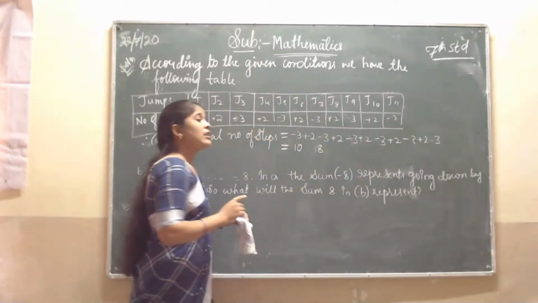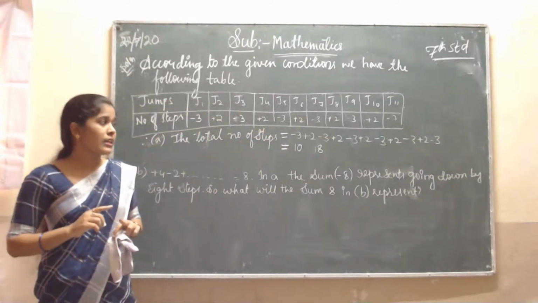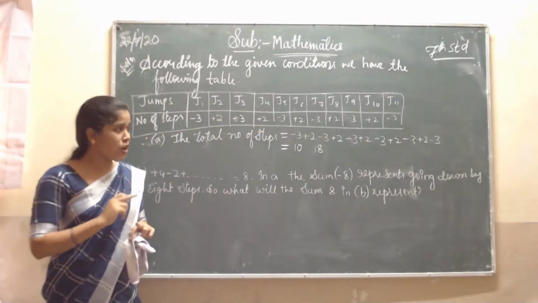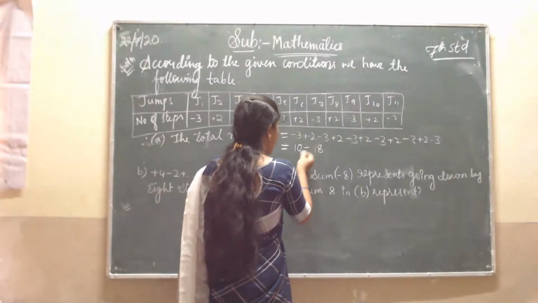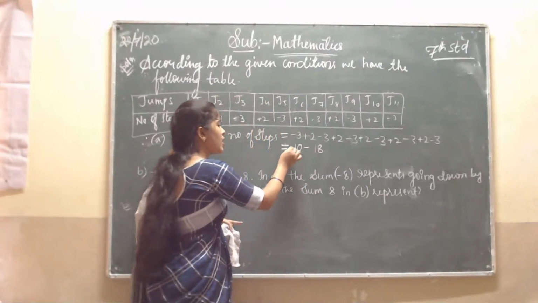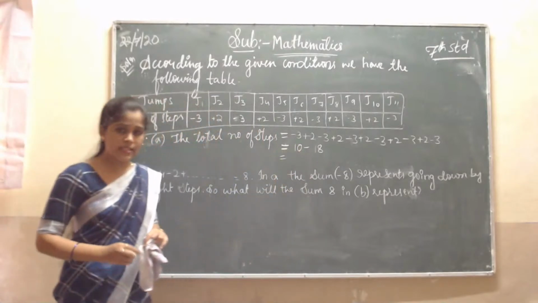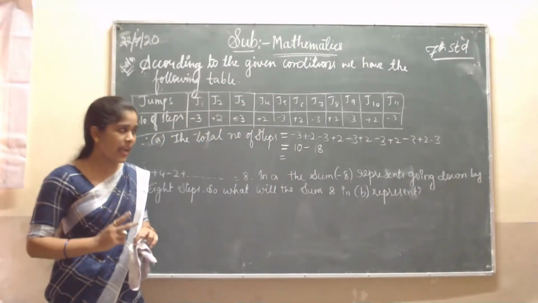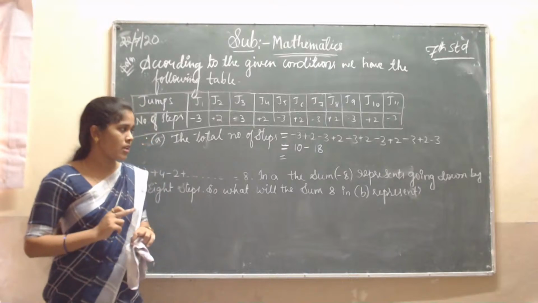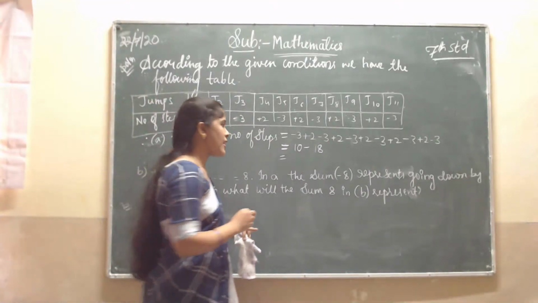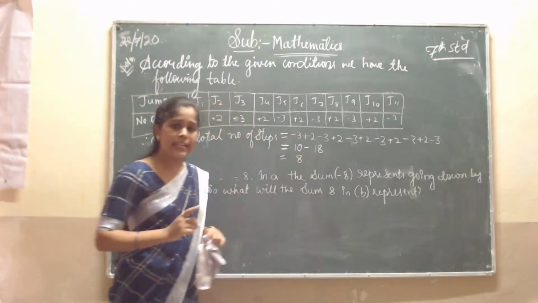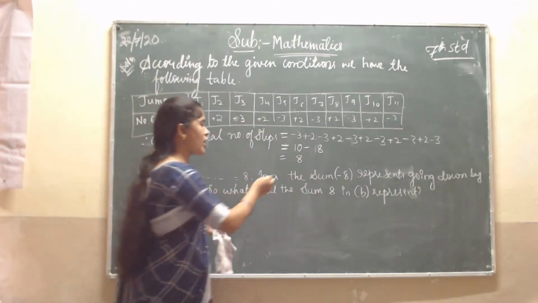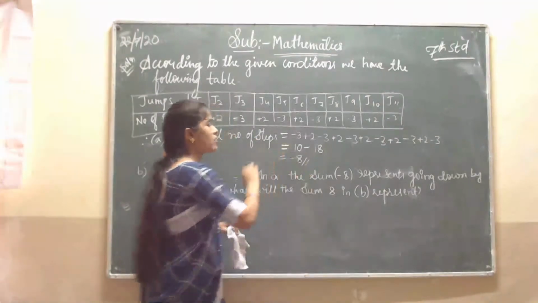All these numbers have negative signs, so the sign is negative, minus 18. With one positive and one negative, unlike signs, the answer takes the sign of the greater number. 18 minus 10 is 8, and the greater number is 18, so the answer is minus 8.